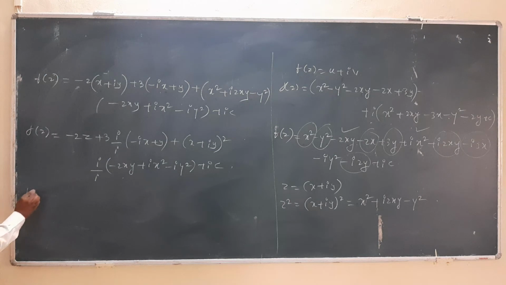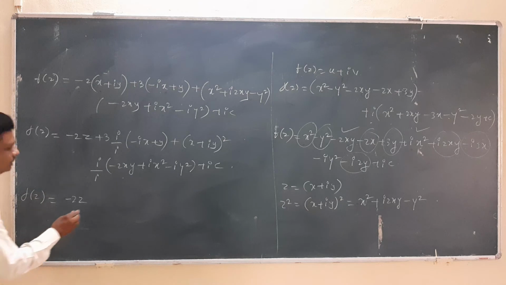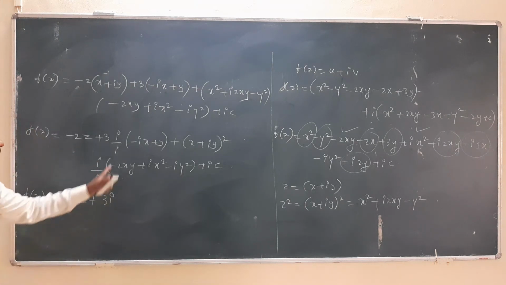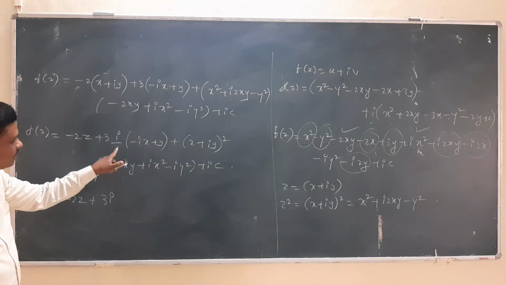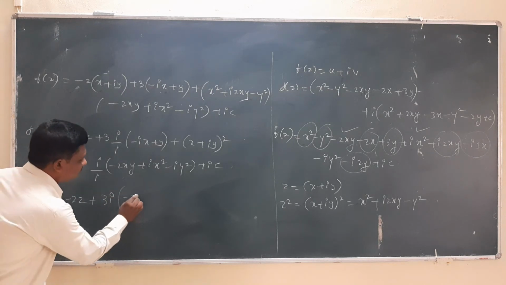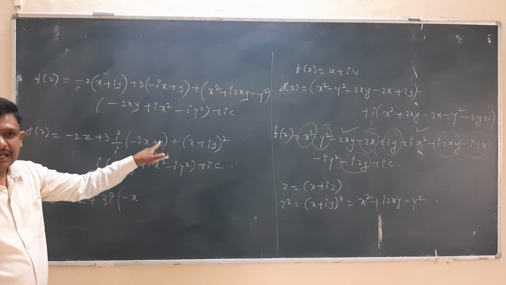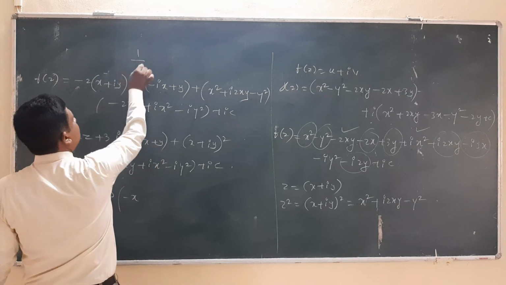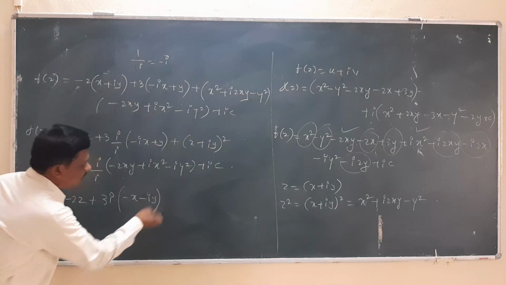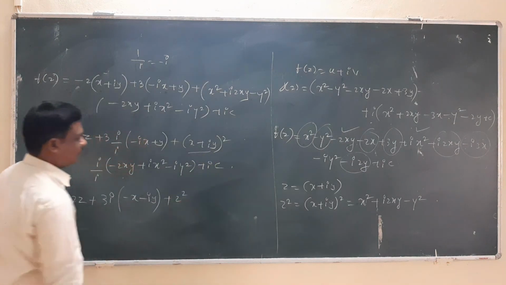So therefore f of z is equal to minus 2 into z, plus 3 into i as it is. I will take 1 upon i inside the bracket, i and i get cancelled, so the remaining is minus x plus y upon i. Already we know that the value of 1 upon i is minus i. So this becomes minus i into y, plus, this is nothing but z square.